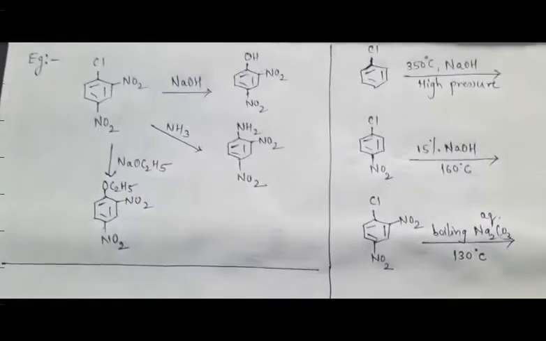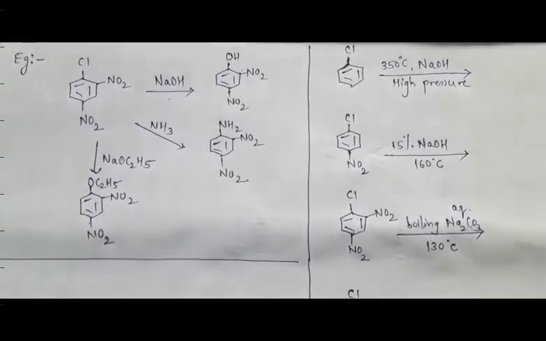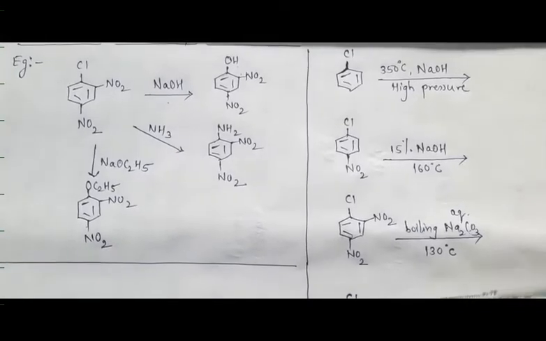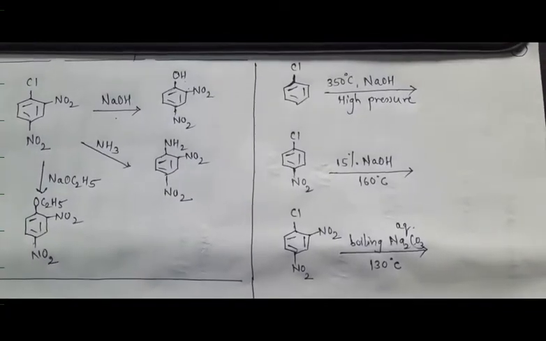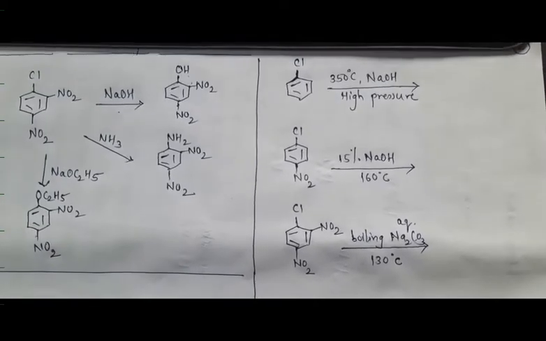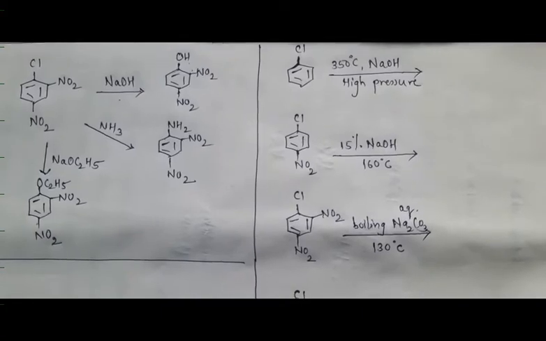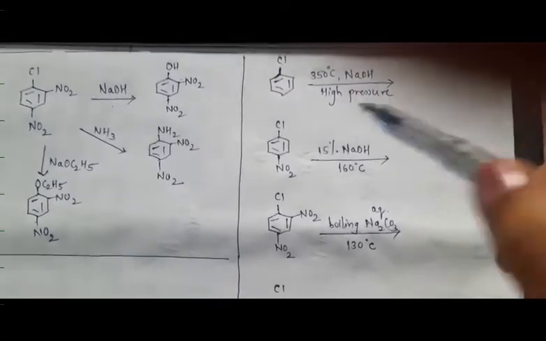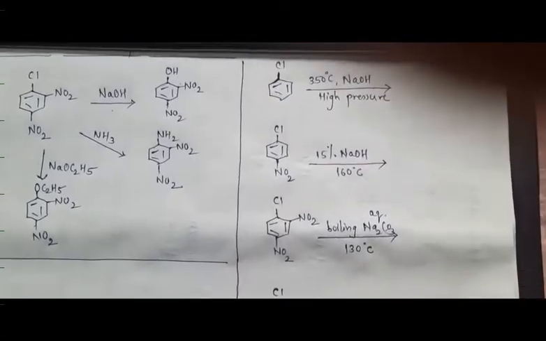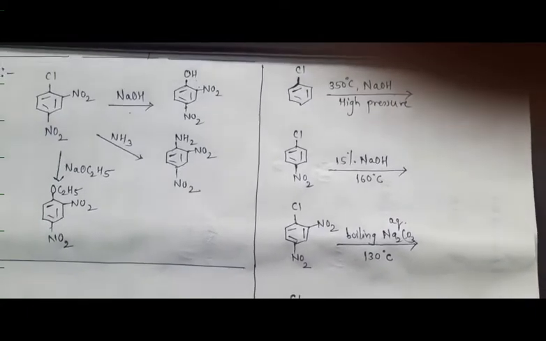So now let us see all these different examples which I have already written down here. Just try to solve them and then try to answer why I need to have an electron withdrawing group, why I need to have its position fixed as ortho and para, and what if I don't have those substitutions at all. So as you can see here, the first component to start with, I simply have a chlorobenzene.